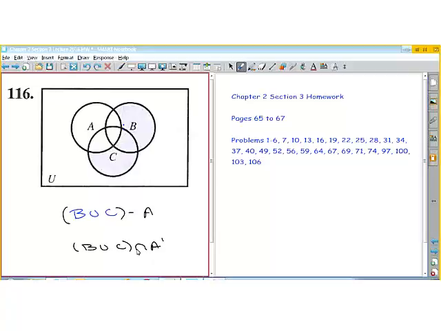So it's an application of what we just talked about, and more specifically, how many people like something. It's associated with numbers instead of just visually what we're talking about here. We want to know how many people like one thing and another thing. So it's basically analyzing surveys. And that's the end of chapter 2. But we won't have a test yet. We're going to do part of chapter 3 before we take a test.